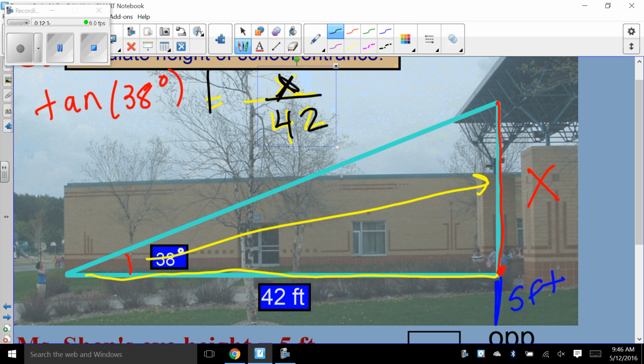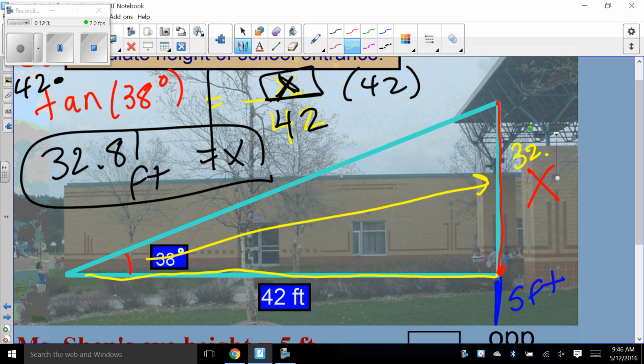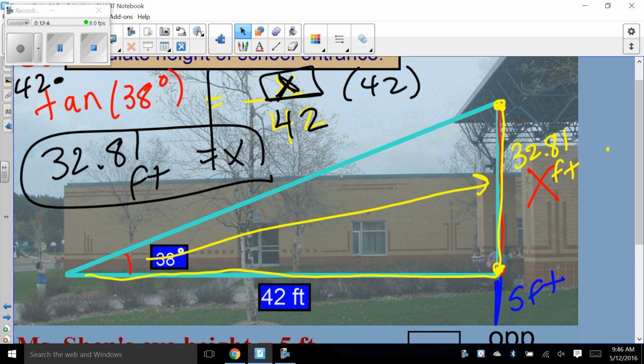Hand method kicks in. We're solving for the variable x. We're going to multiply by 42, copy, paste. So we have 42 times the tangent of 38, which is 32.81 feet. That's the height from the top of the school entrance down to her eyes, plus the 5 feet to the ground.